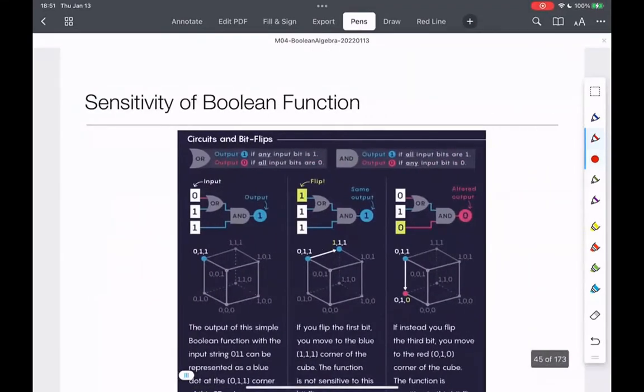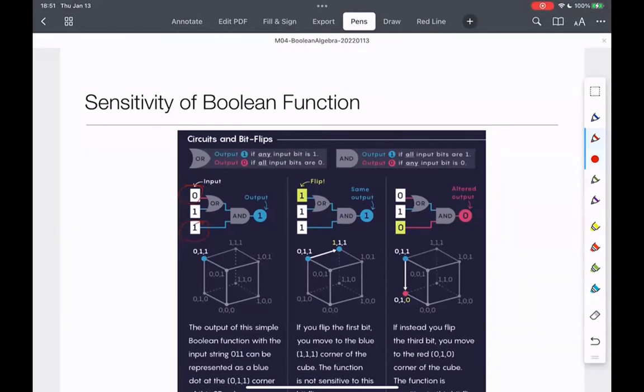So one can talk about a variety of these measures. The sensitivity one that I talked about. So again, look at the circuit where the inputs were 0, 1, 1, and the output was 1 as shown. If I flip this input, then the output doesn't change. If on the other hand I flip the lower input, then the output changes, right?